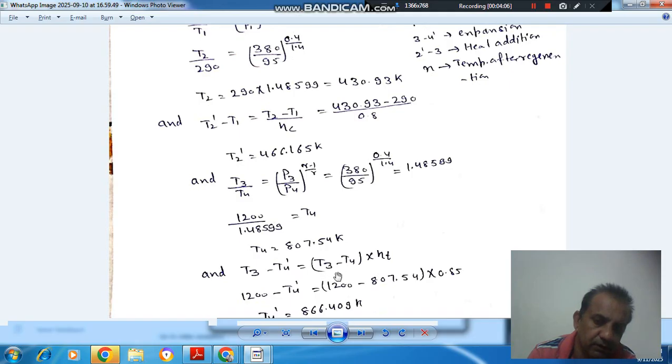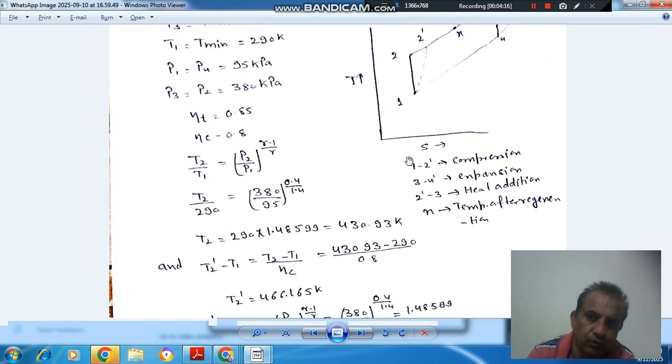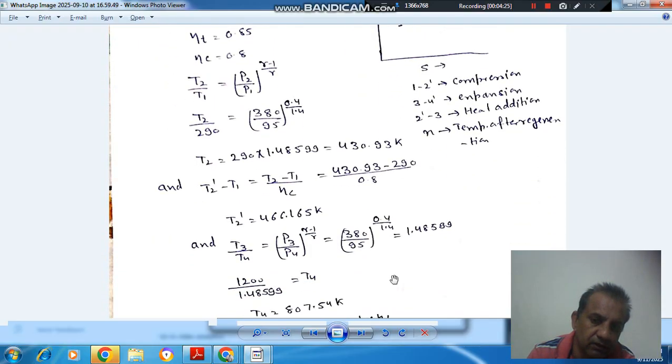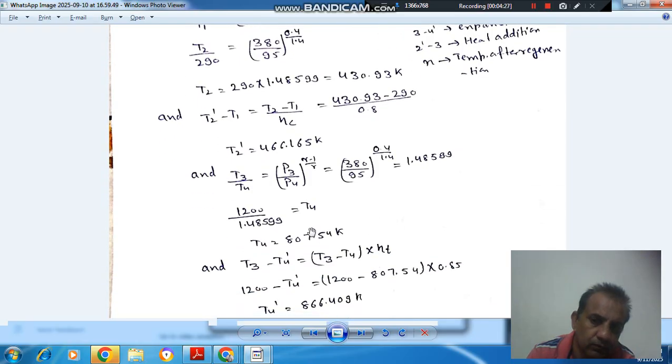Now isentropic efficiency of turbine is known. The isentropic temperature difference across the turbine multiplied by isentropic efficiency will be the actual temperature difference. T4 dash is the actual point, and this is the isentropic point. You multiply by isentropic efficiency, and the difference will be T3 minus T4 dash. So T4 dash can be calculated as 866.409 Kelvin.